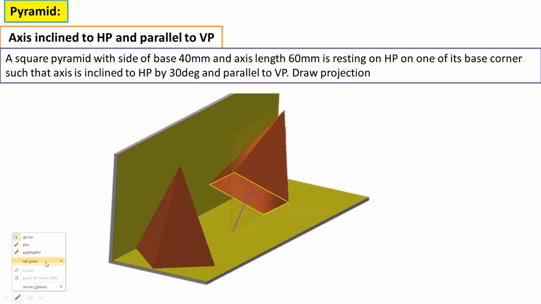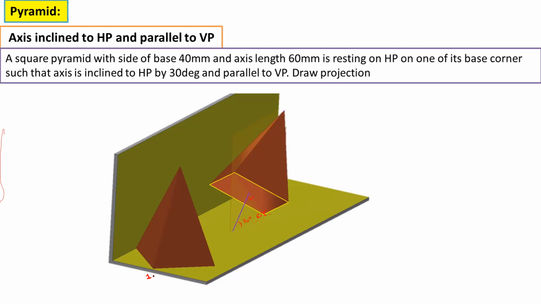That angle must be 30 degrees with respect to HP and it is parallel to the VP. So this angle will be 30 degrees, and the angle of this base with respect to the horizontal plane is 60 degrees.